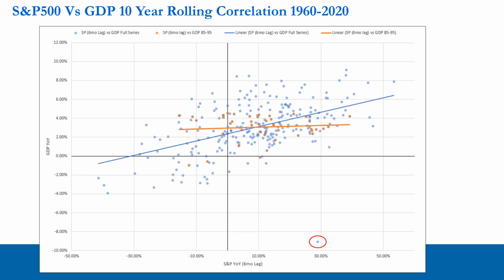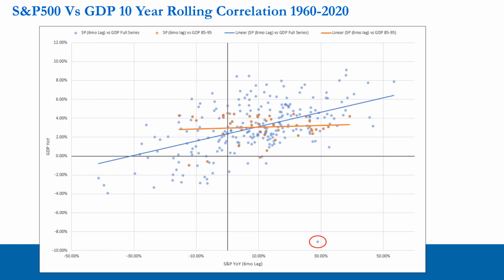What we've also done on this chart is we've taken the period 1985 to 1995 and had a look at this in isolation to try and understand why the correlation was falling from the mid-80s to late 80s onwards, and how and why it was reported to be very, very low in the early to mid-90s. Well, if we look at the 1985 to 1995 data stripped out, this is the orange dots on the screen.